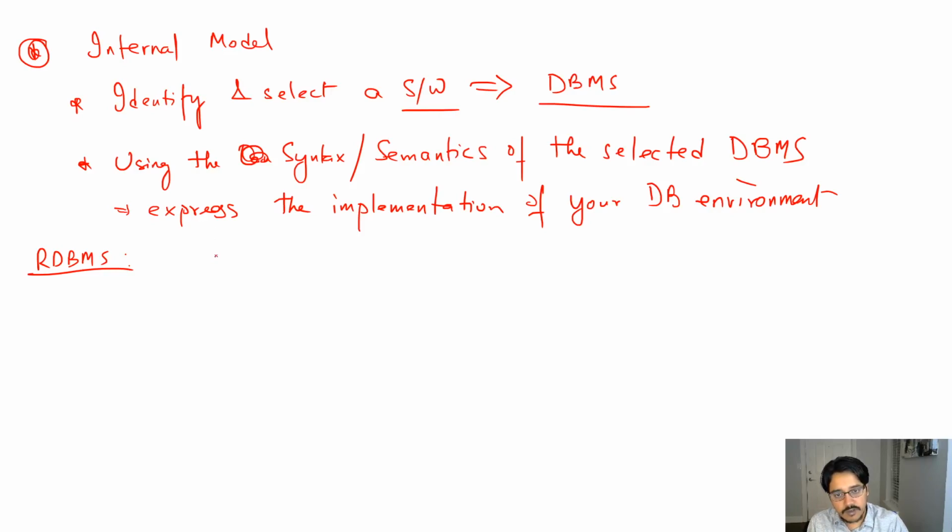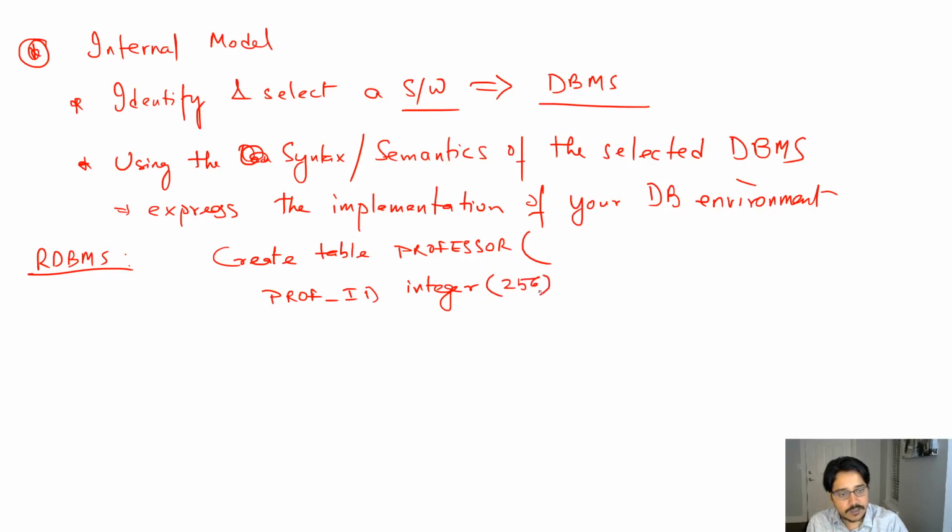If you are just using SQL, then you will have something along the lines of create table professor, and then it will have professor ID, integer, and then you specify the size, let's say 256, and then any constraints.